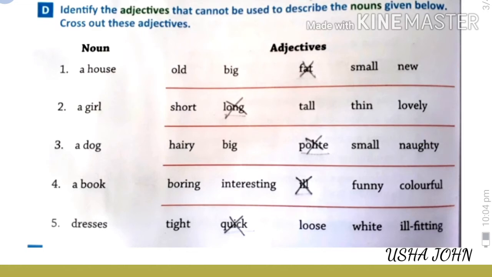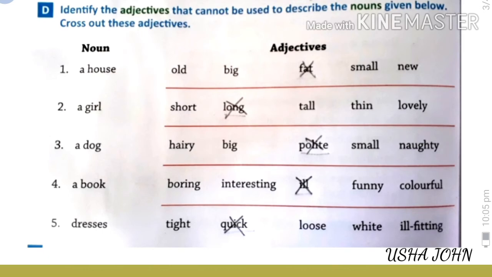Second one, a girl. The adjectives are given: short, long, tall, thin, lovely. A short girl, a tall girl, a thin girl, a lovely girl. Only the adjective long is not suitable for the noun girl.